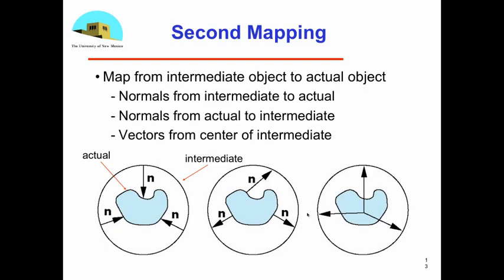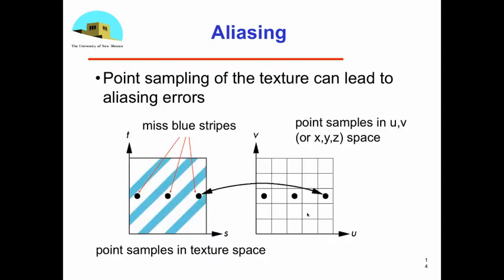Now, the next issue is what happens because everything's really discrete. Here's one example of that, where we're doing what's called point sampling, somewhere in how you go from XYZ space to texture space. Let's not worry about which method we're using, but the problem here is that because you're doing point sampling, for every point on the object there's exactly one point over here.